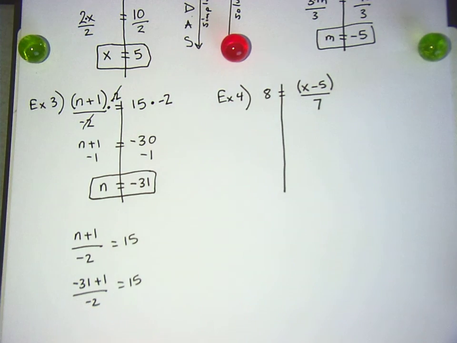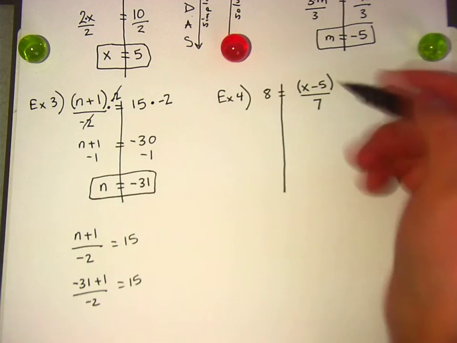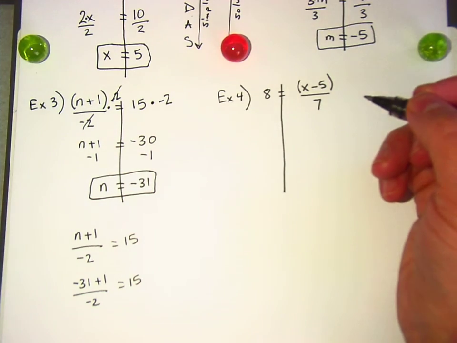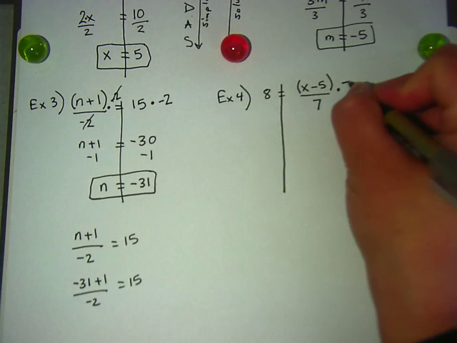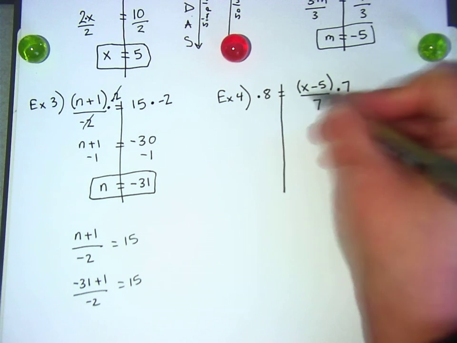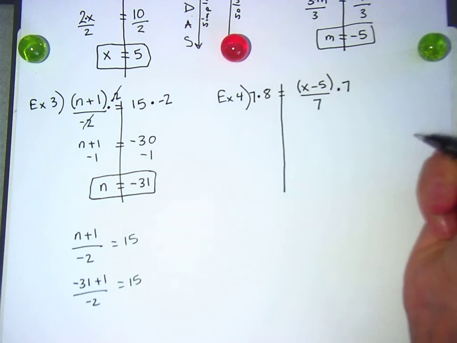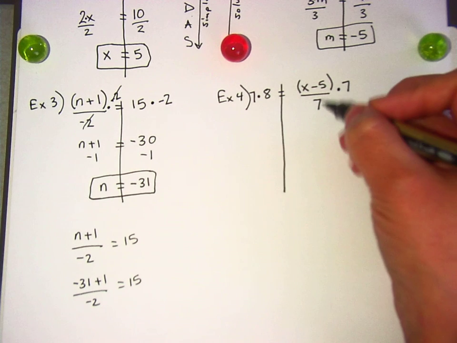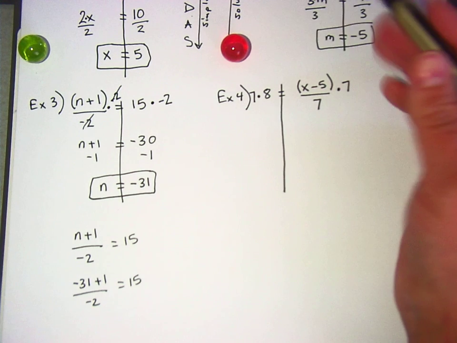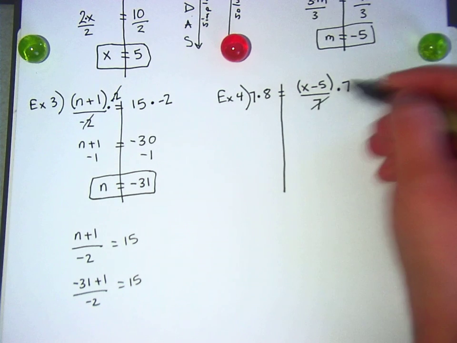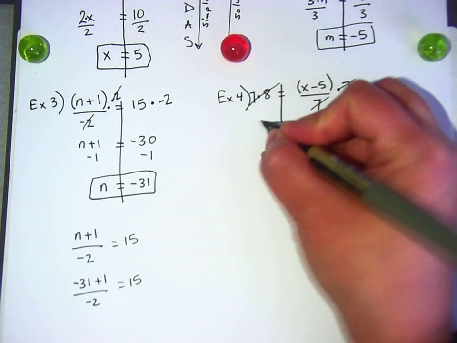Okay, so you multiply 7 on both sides. Right. How come you multiply 7 before getting rid of the minus 5? Because it's division. Right, and division comes before parentheses when we're going backwards. Okay. That's 56 over here.